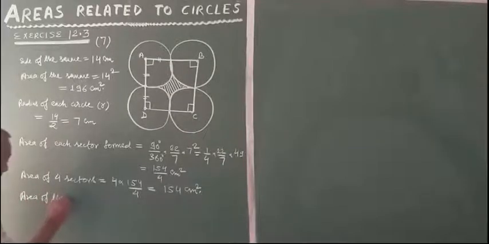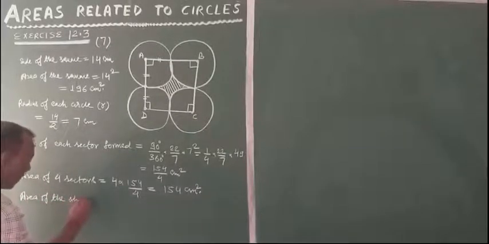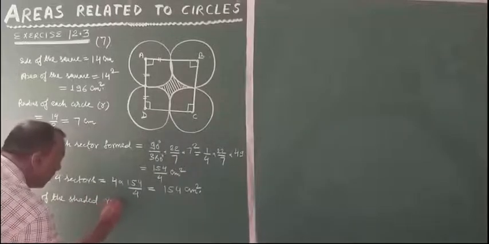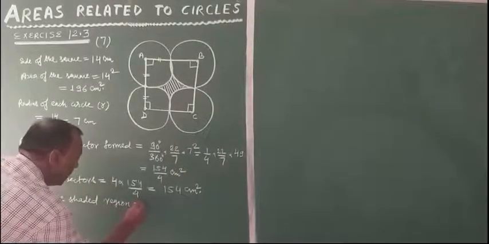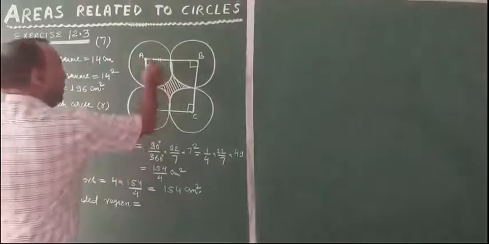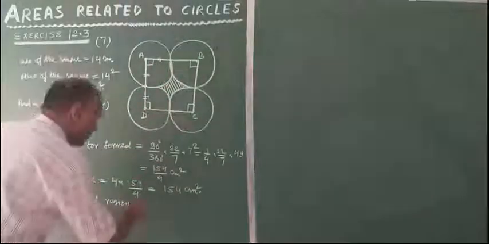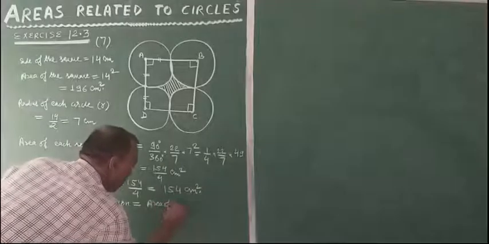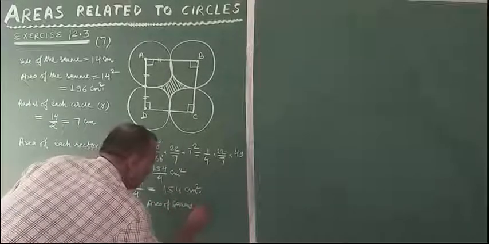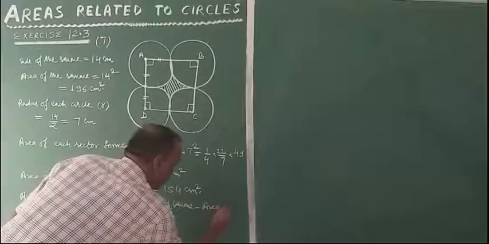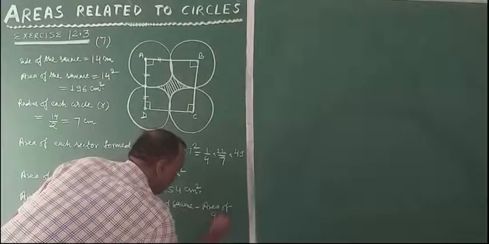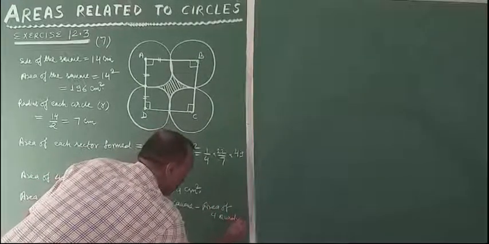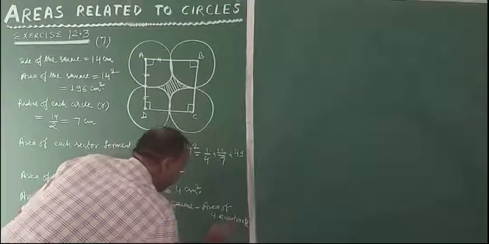Area of the shaded region, this will be area of the square minus area of 4 quadrants.